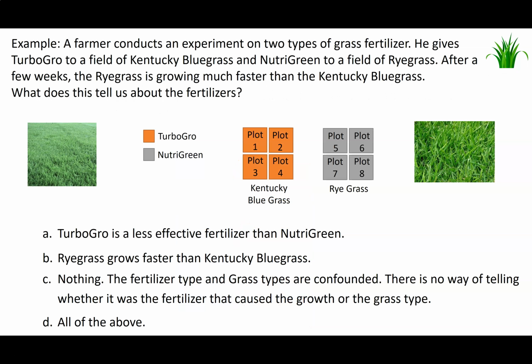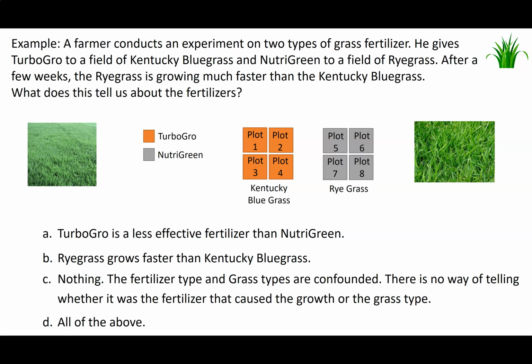Okay, so this one's a little fun here. If you like grass. We have a farmer who is really interested in buying a new fertilizer. They have turbo grow, and they have a field of Kentucky bluegrass. So that's a type of grass. And they have another field of ryegrass, and they apply Nutri-Green fertilizer to it.